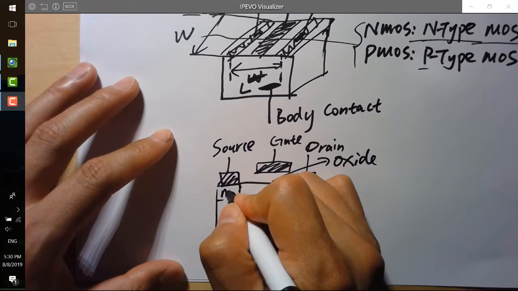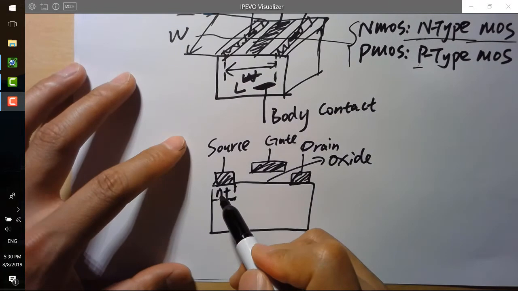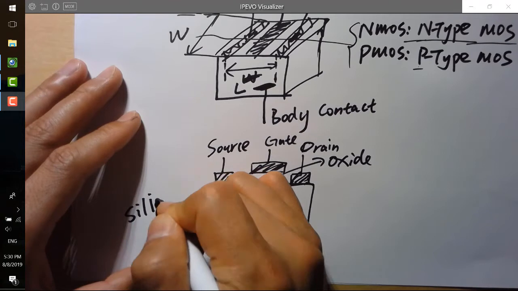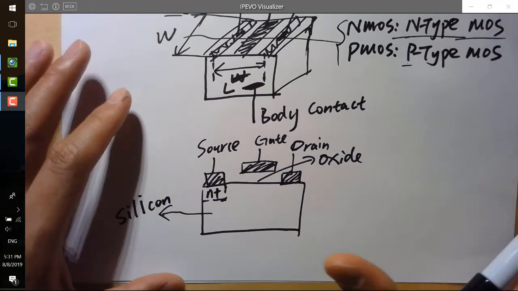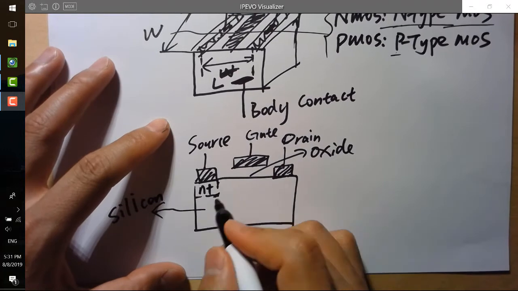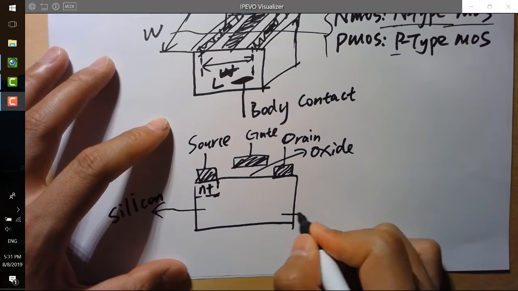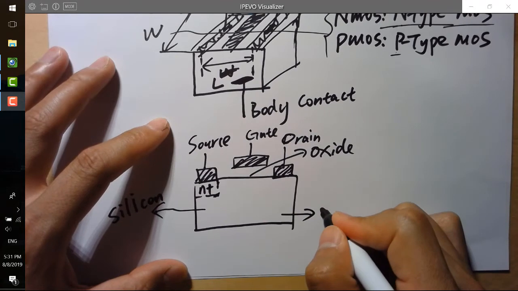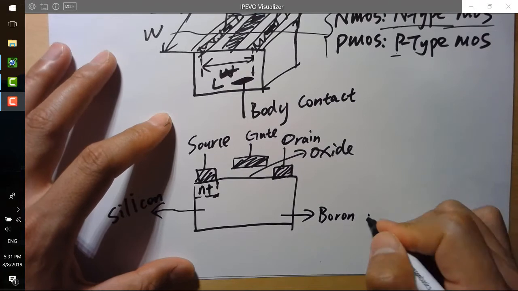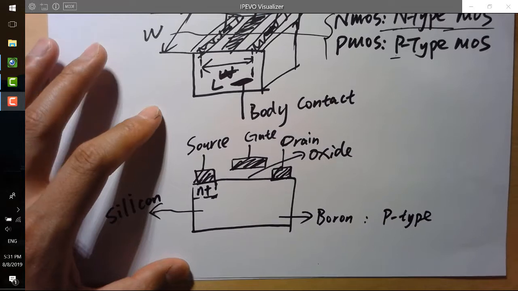That's N-type doping. The material here is actually silicon, but treated with other materials to make it a semiconductor. For the entire silicon, they dope boron in there to make it P-type silicon.